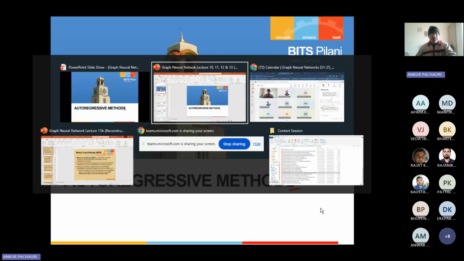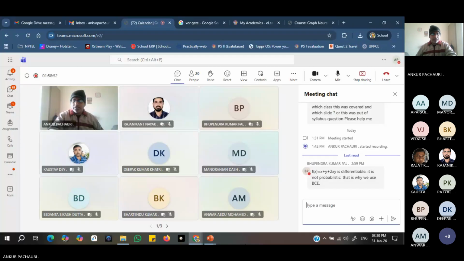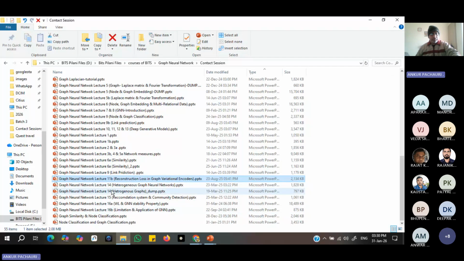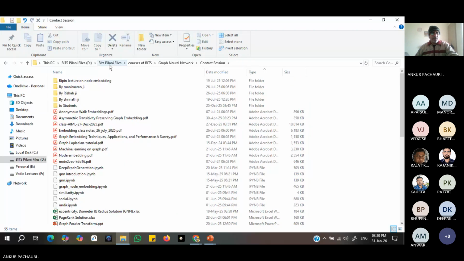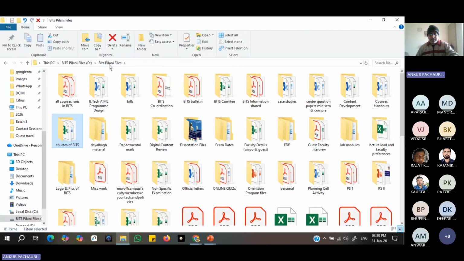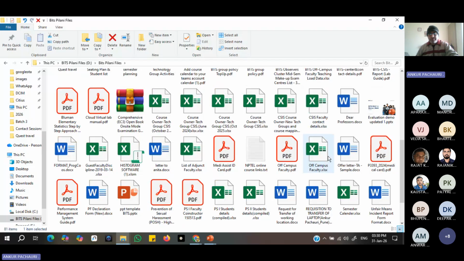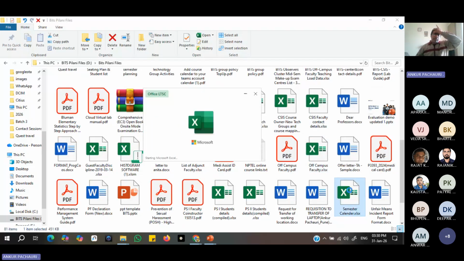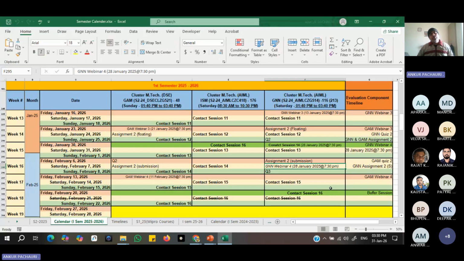Which session is it? 14th, no? Is this the 14th contact session or the 13th contact session? I'm missing it. Sorry, can you please help me? 14th. So I will be having 2 more. Will I be able to finish it? Because I have 2 different modules. So this is the 14th contact session.